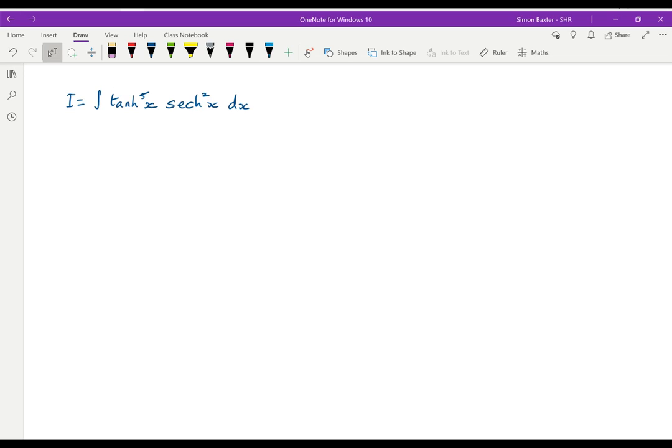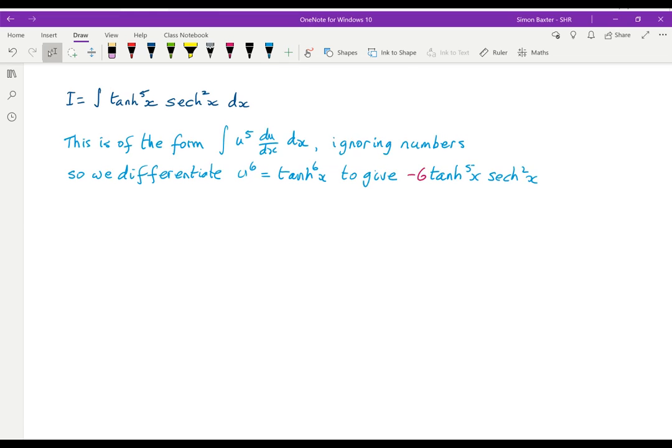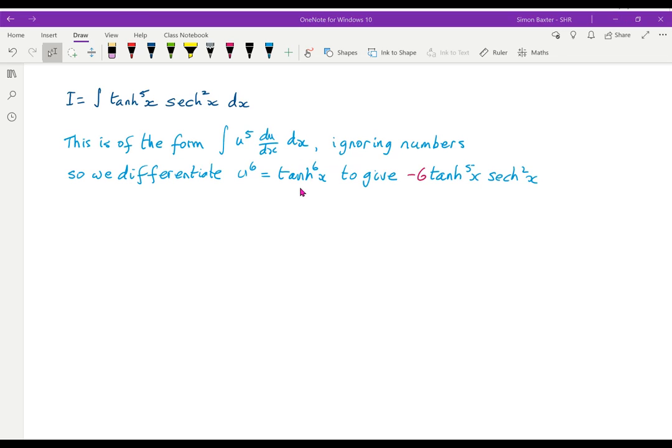Just a moment's thought should convince you that you don't really want to put exponentials into that, particularly when you think that it looks like the integral of u to the 5 du by dx. So let's use that idea and differentiate u to the 6, which is tanh to the 6.